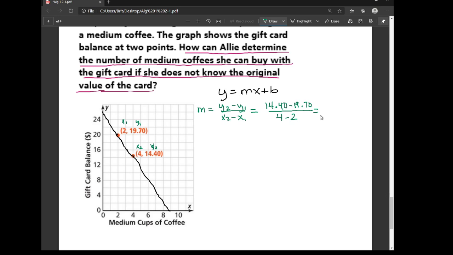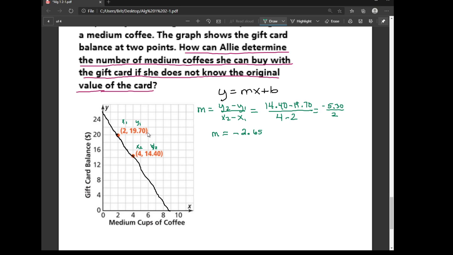So if I use my calculator, 14.40 minus 19.70 is negative $5.30. And then 4 minus 2 is 2. So if I actually do that division, my slope is negative 2.65.